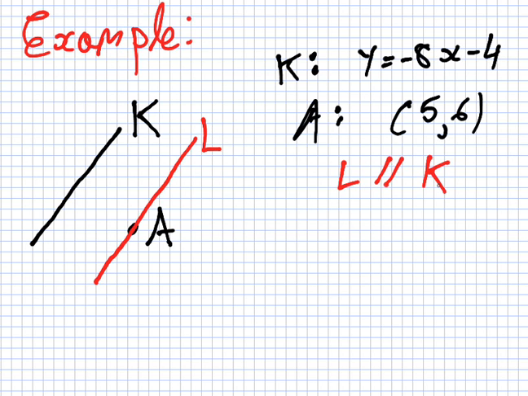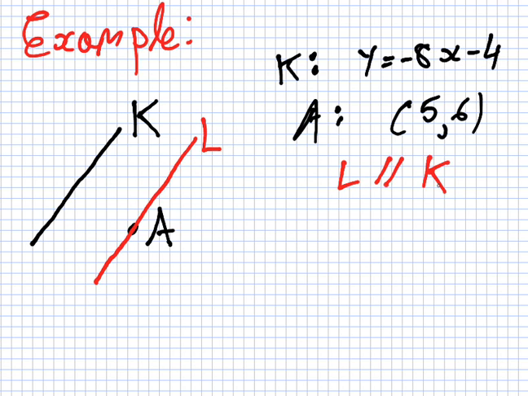Okay. So let's have a look at the answer now. How do we do this? So, what is the slope of K? What is the gradient of K? I want the equation of L. Minus 8.